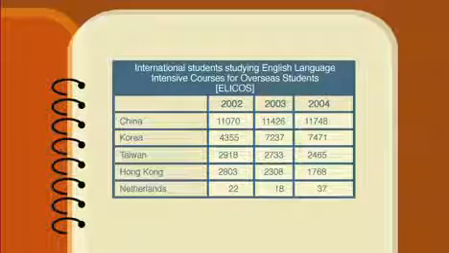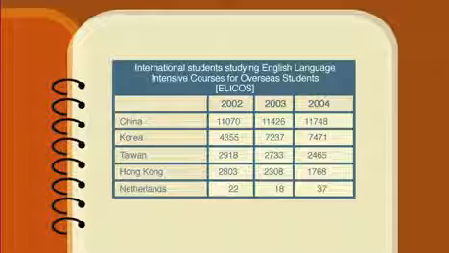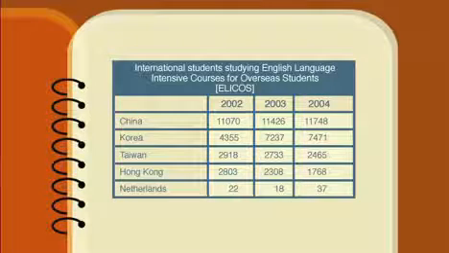Now let's finish with another example. Here's our data. It's a table. You can see that it shows data for the number of international students studying intensive English courses in Australia. We have the number of students in 2002, 2003 and 2004 for 5 countries: China, Korea, Taiwan, Hong Kong and the Netherlands.